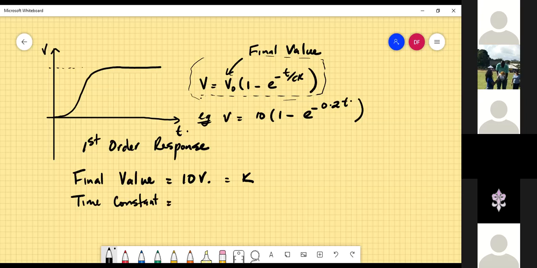One over 0.2. So my time constant would be the CR, therefore it would be 0.2 inverse, so that is going to be 5. And that is going to be my T.